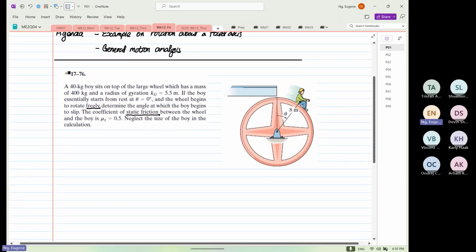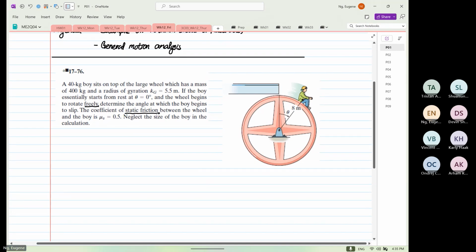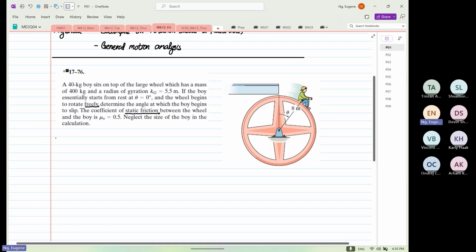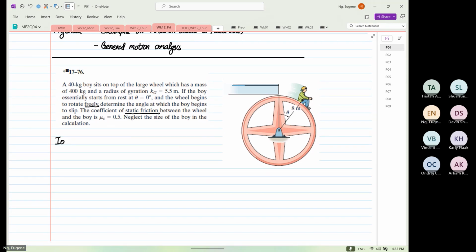So we're going to calculate what we know first. The mass moment of inertia of the wheel, IO, is equal to m k squared. These are the low-lying fruits, okay? So we only consider 400, and the radius of gyration is 5.5.